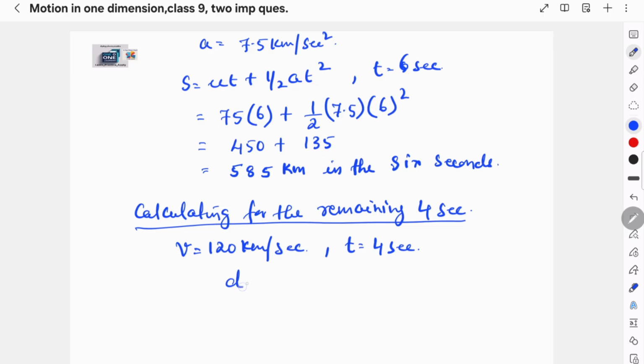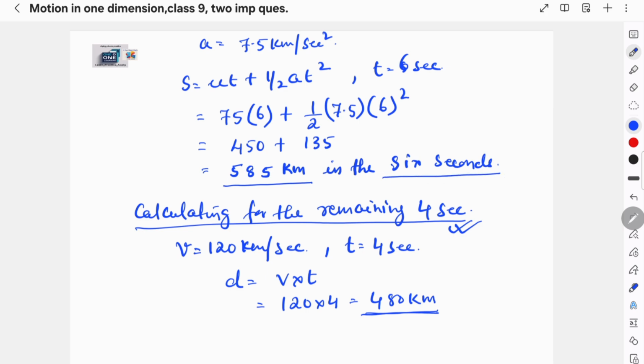So the distance will be simply the velocity into time. So this is 120 into 4, that is 480 kilometers. So 480 kilometers was traveled in the last 4 seconds and 585 kilometers was traveled in the first 6 seconds.